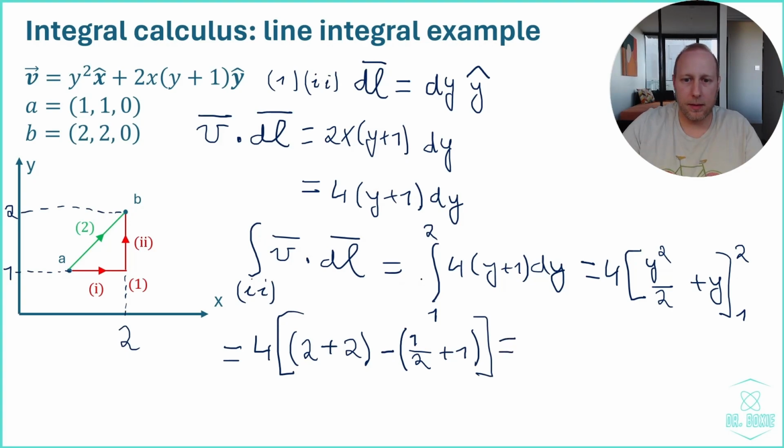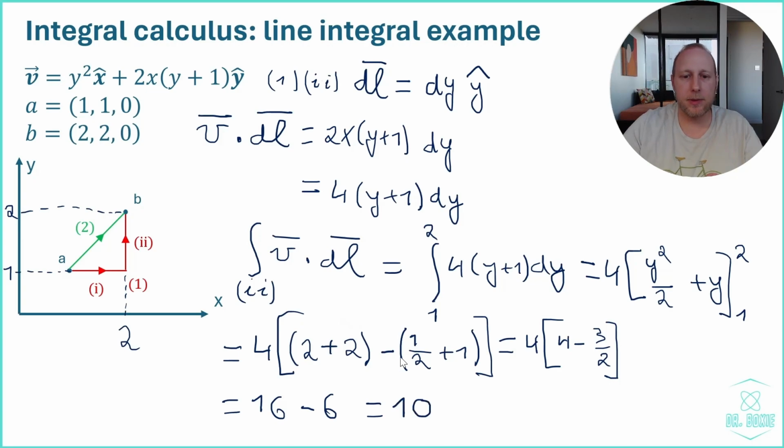So we find that this is equal to 4 times 2 plus 2 is 4, minus 1/2 plus 1 is 3/2. And if we multiply out the bracket, we found 16 minus 4 times 3/2 is 6. And so we find that the answer is 10.